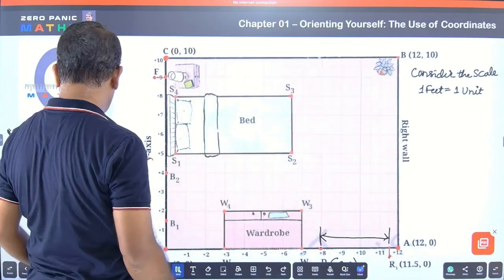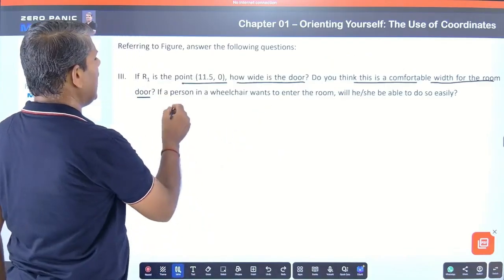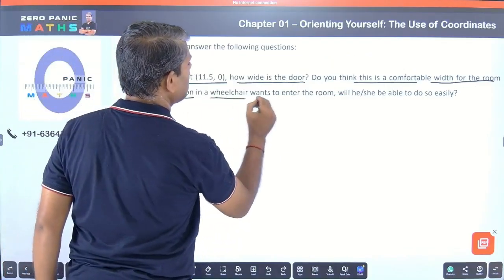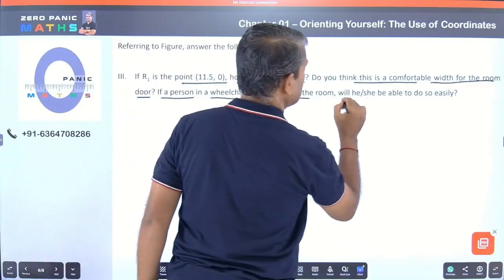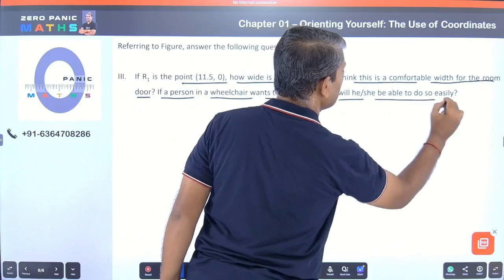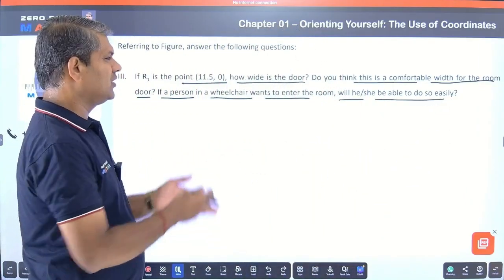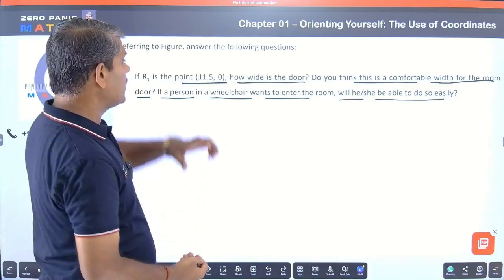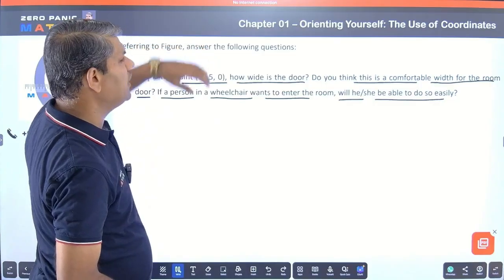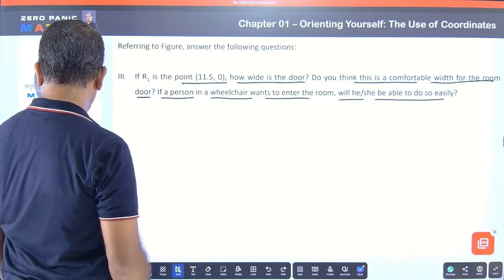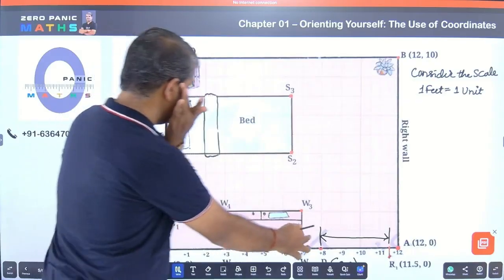Next question: if a person in a wheelchair wants to enter the room, will she or he be able to do it easily? Those are all simple questions. The main important question is to find out the width of the door.